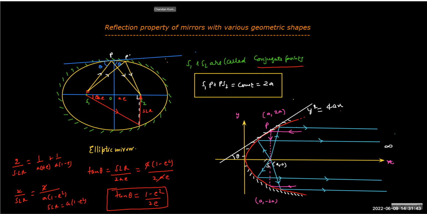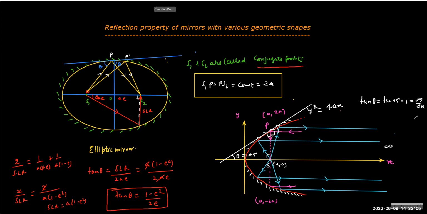What is theta? Can you guess? Because this is 90 degrees, this will be 45. This is 45, this is also 45.